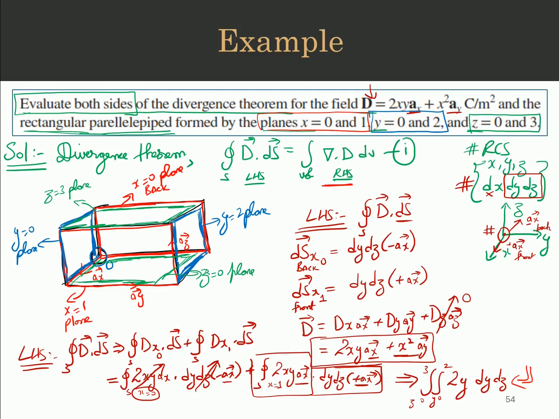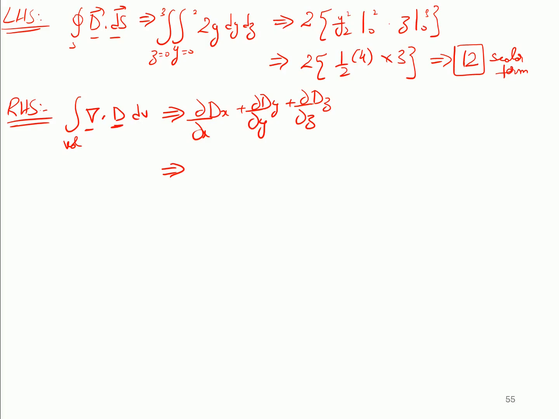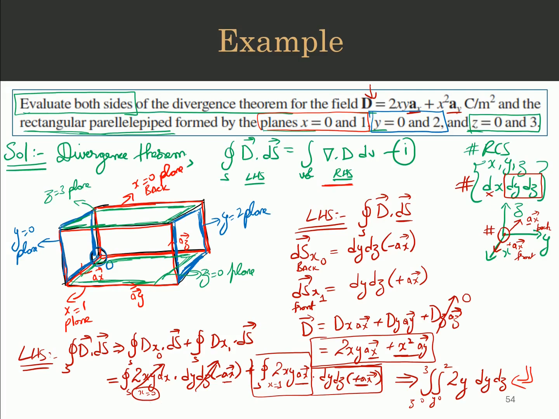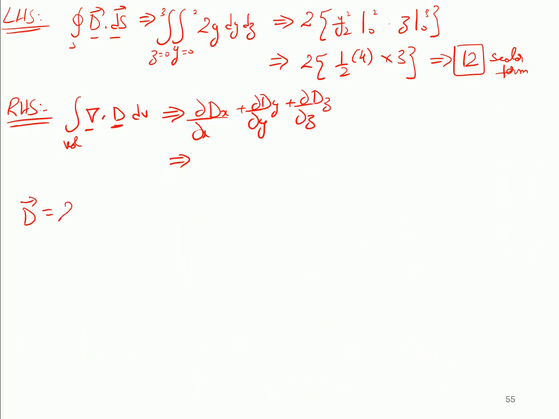So we look at the value of D, I'll write it over here. D is 2xy along a of x plus x square along a of y. So this is the electric flux density given to us.